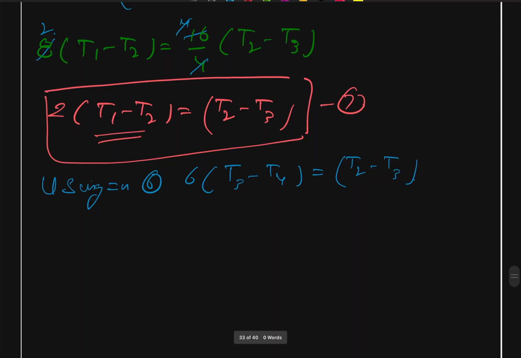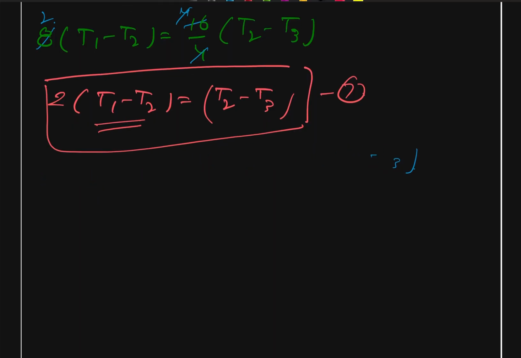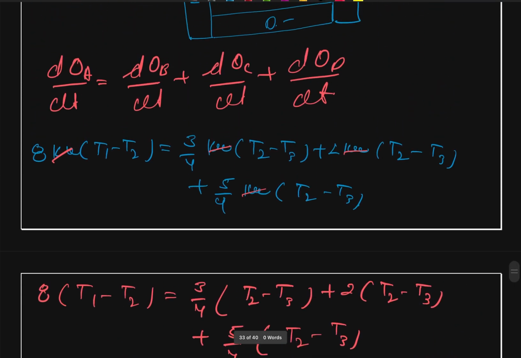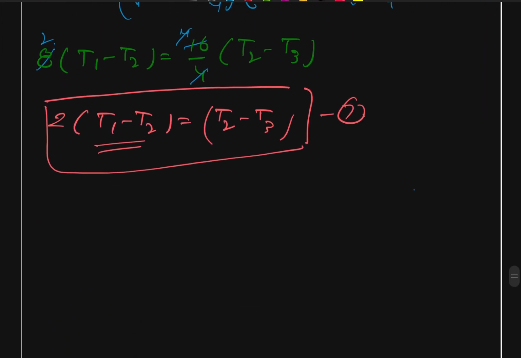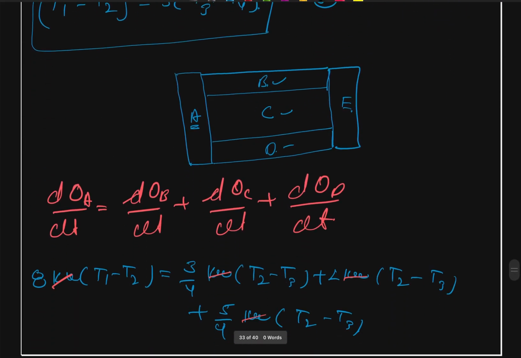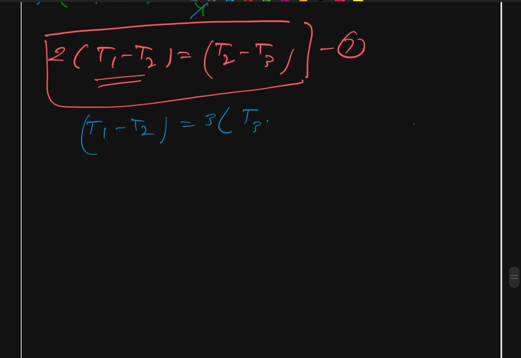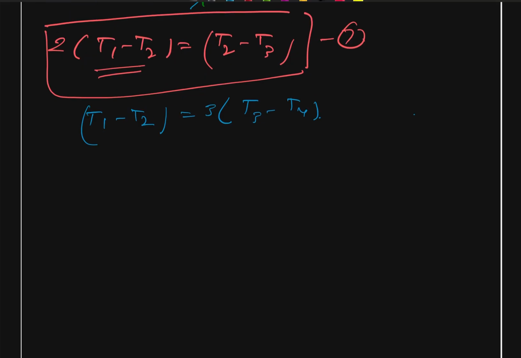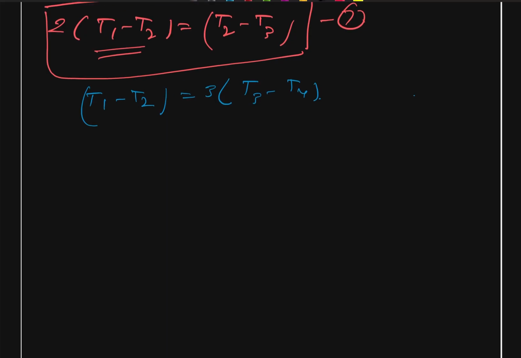Therefore we can write that 2 is equal to T2 minus T3 divided by T3 minus T4, which gives 2 times T3 minus T4 is equal to T2 minus T3.